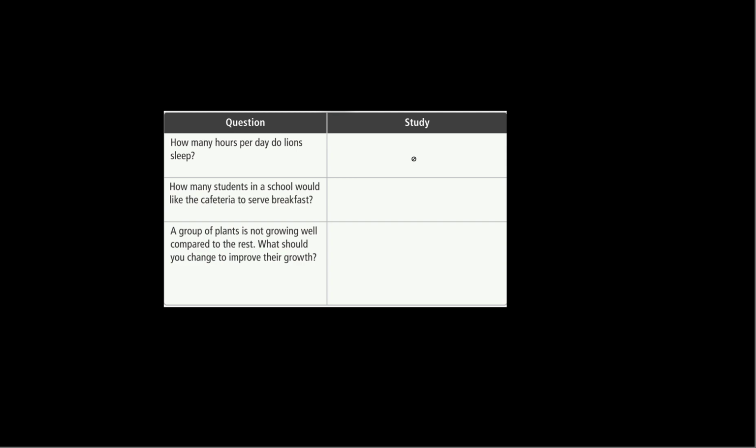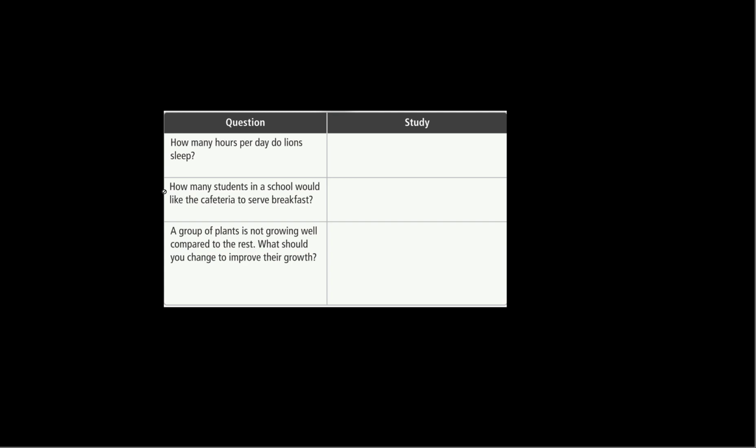How many hours of sleep do lions sleep? Well, this would be more of that observational study because again, we're just observing the lions. We're just observing how they sleep. We're not going to go in and put an alarm clock or try to wake up the lions in any way.